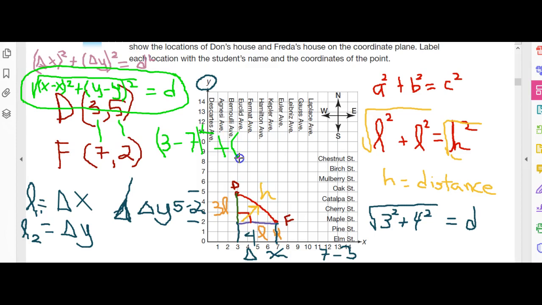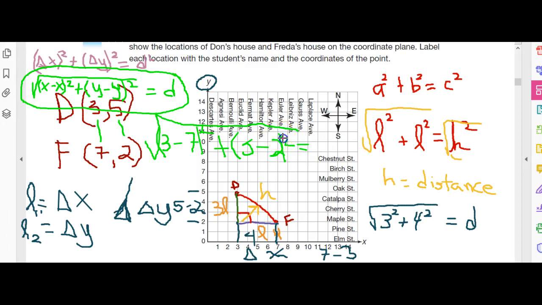So I'd open my parentheses and go 5 minus 2, close the parentheses and square it. And then if I take the square root of all of that, it's going to be equal to the distance.